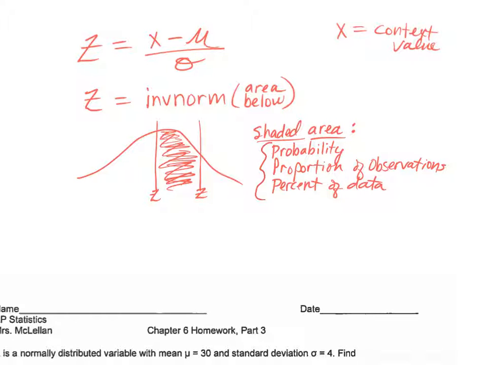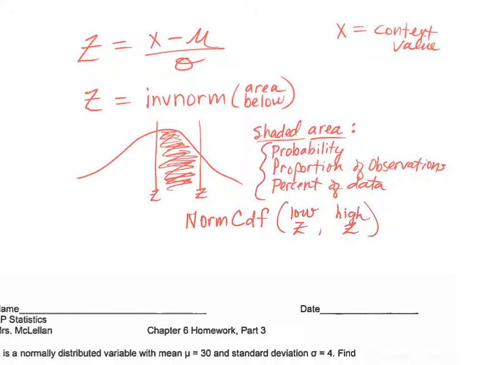And if we do that, what calculator steps did we go through to find those areas? Norm CDF from your low z to your high z. Very good.